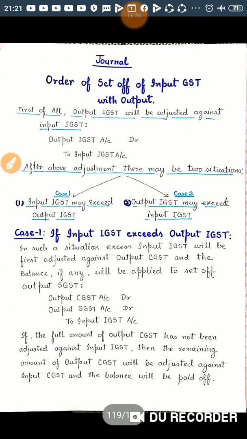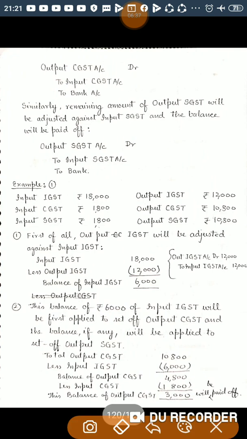The journal entry will be: output CGST account debited to input CGST account and bank account, whatever balance is left in the output CGST. Same process we will follow with the SGST. After setting off input IGST, we will set off input SGST against output SGST, and whatever balance remains with the output SGST will be paid to the government.